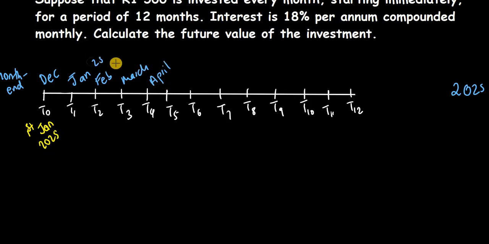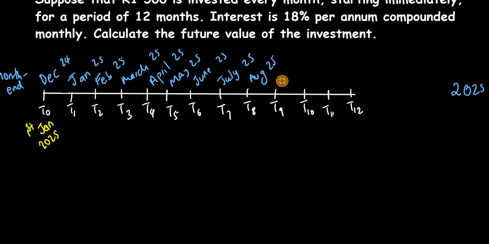So this is 25, so that we understand that it's 2025. This is 2024. And then month end April, what comes? May, then June, July, August, September, October, November, December. So here it is the month end of December this year.